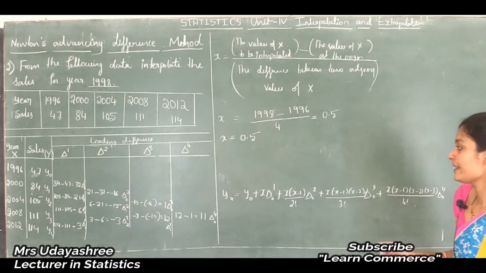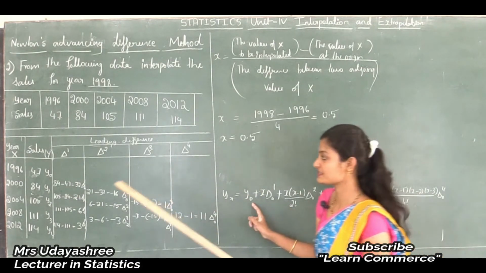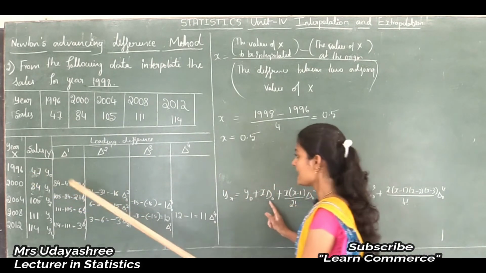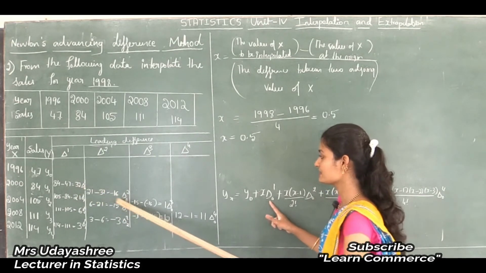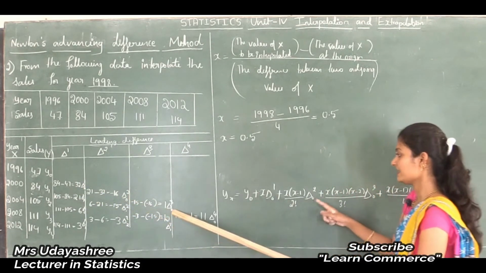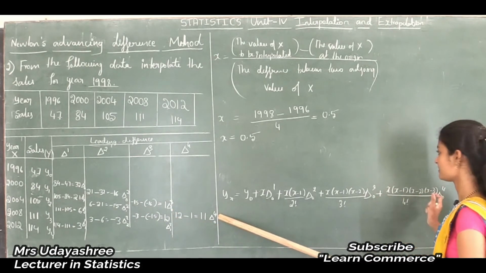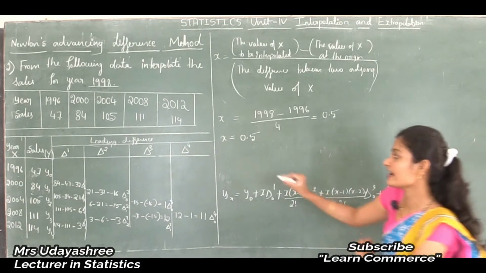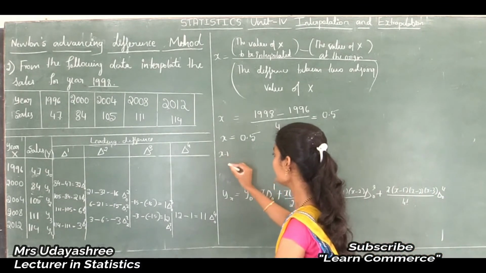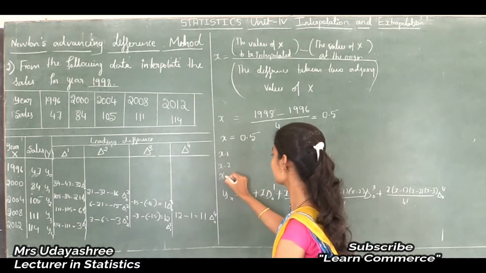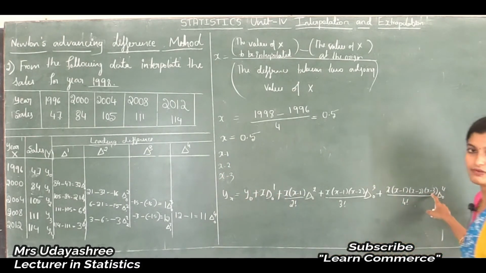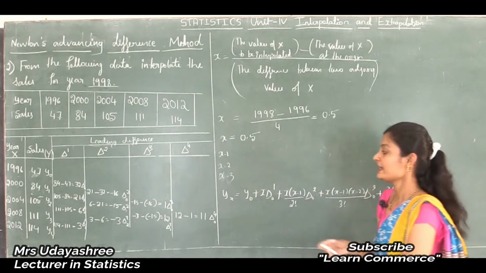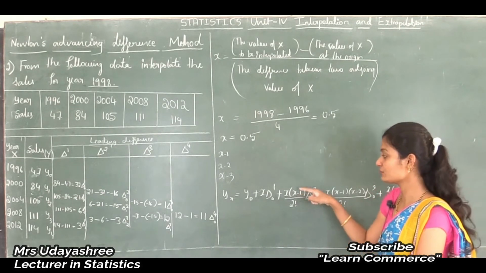See here the delta y naught observation is 47. So in the place of y naught I will substitute 47, and the delta naught 1, 2, 3 and 4 observations are there, and here x is 0.5. For easy calculation I will find x minus 1, x minus 2 and x minus 3 here only. In the previous problem I substituted directly.